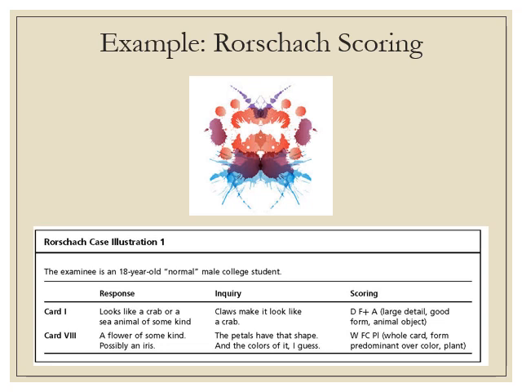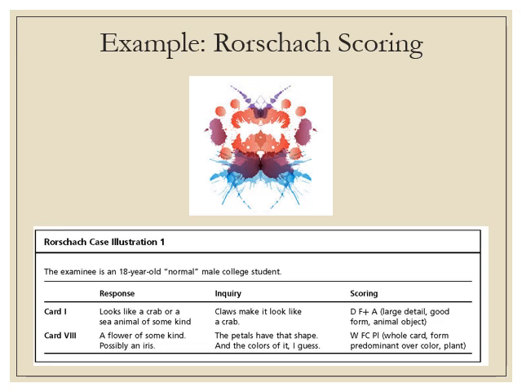And then on a later card, card 8, the response might be a flower of some kind, possibly an iris. The examiner inquires for further response, and he says the petals have that shape and the colors of it, I guess. So this individual responded to the colors. In the scoring of these two cards, it's complicated, but there are letters that indicate different types of responses.